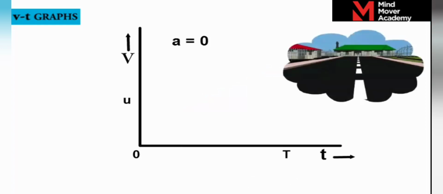We can see that it is true for a simple case of an object moving with constant velocity u. Its velocity-time graph is as shown here.